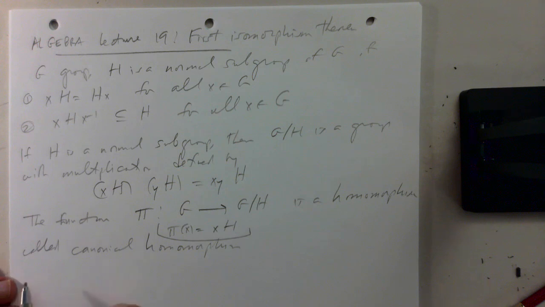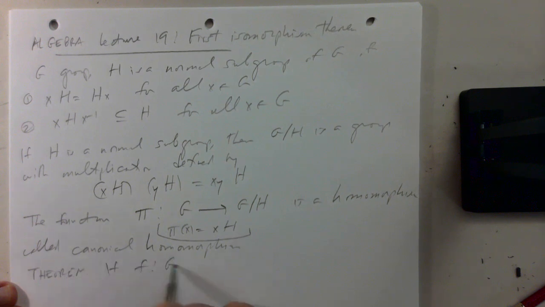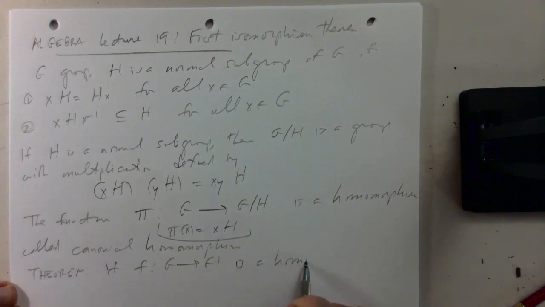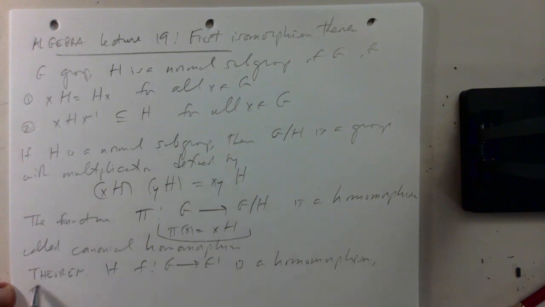We also have one other observation. This was a theorem, or maybe a lemma, but if f from G to G prime is a homomorphism, from every homomorphism we can get a normal subgroup.